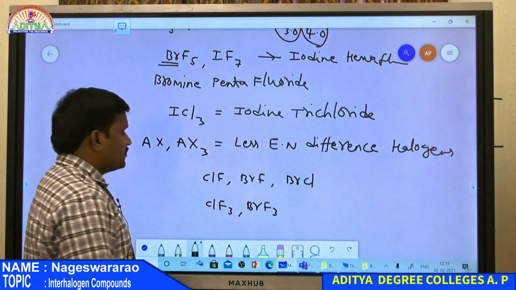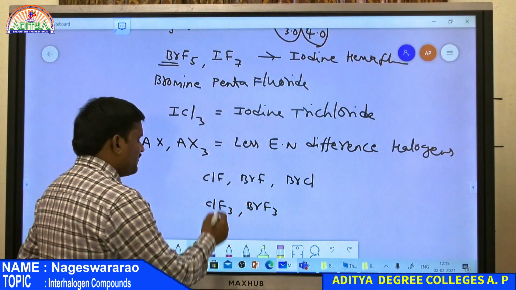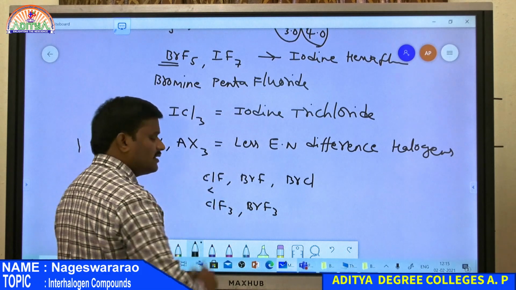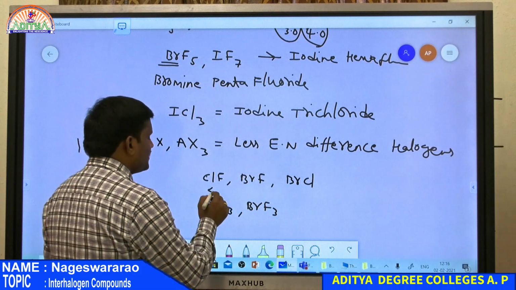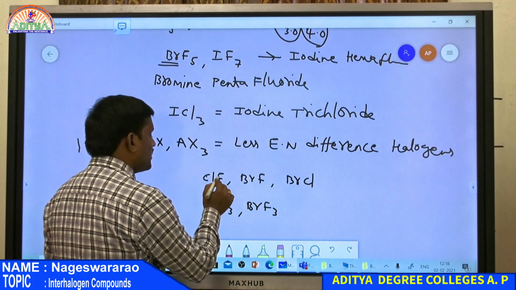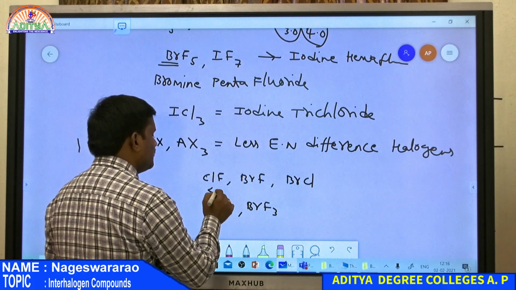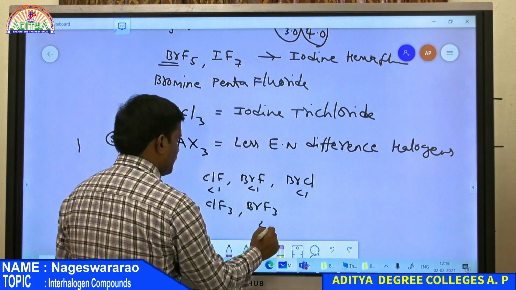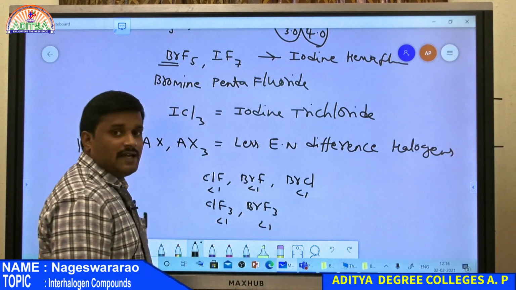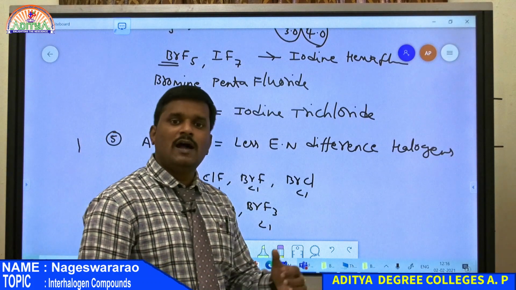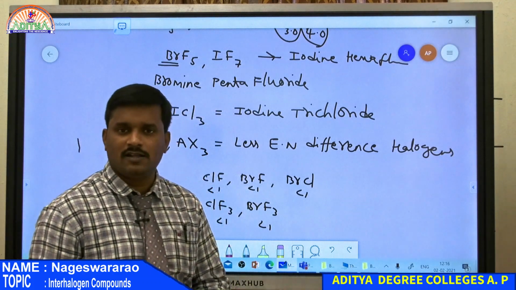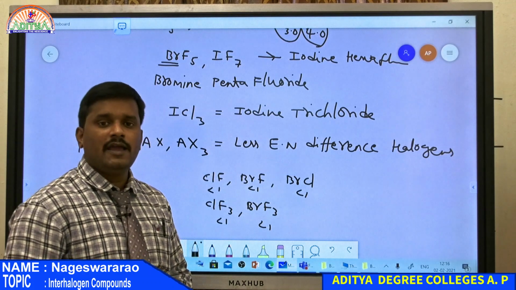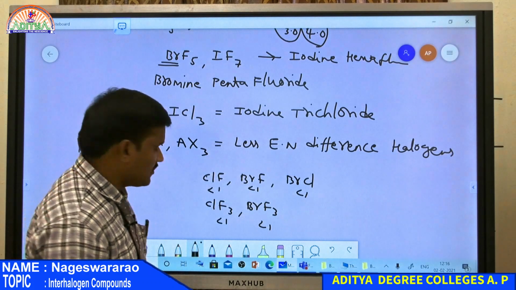Here the electronegativity difference between fluorine and chlorine is less than 1. This is 4 and this is nearly 3.1. So the difference between the electronegativity of fluorine and chlorine is always less than 1. Here also less than 1. That means if the electronegativity difference between two halogen atoms is less than 1, then they form either AX type or AX3 type interhalogen.